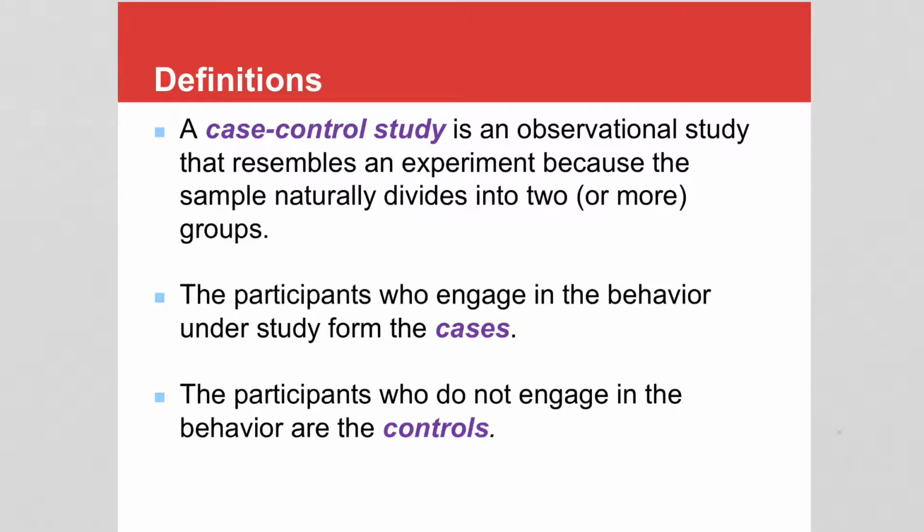Like, for example, if you wanted to see the effects of cigarettes and people getting lung cancer, okay? Well, you wouldn't assign 20 people to smoke real cigarettes and 20 people to smoke fake cigarettes, right? To observe that. No, you wouldn't do an experiment. You would do an observational study, by observing people who didn't smoke and did smoke.